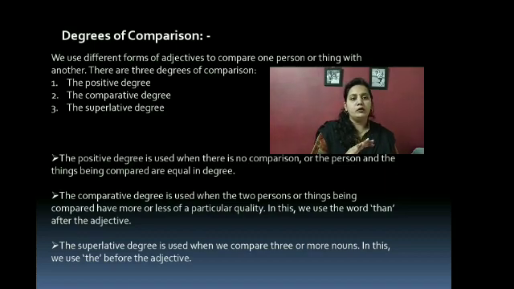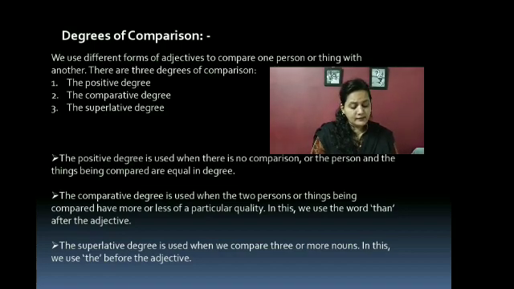Like if we want to talk about one of the group and compare it to the highest degree, then we will be using superlative degree. So in superlative degree we use the word the before the adjective.